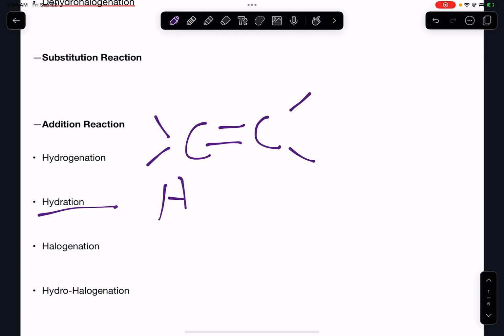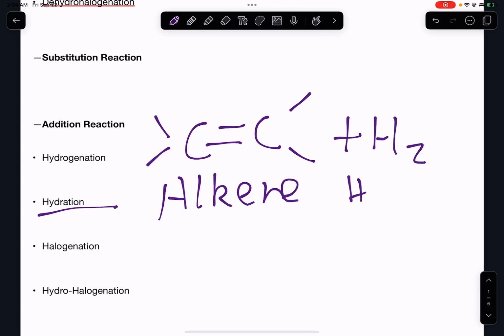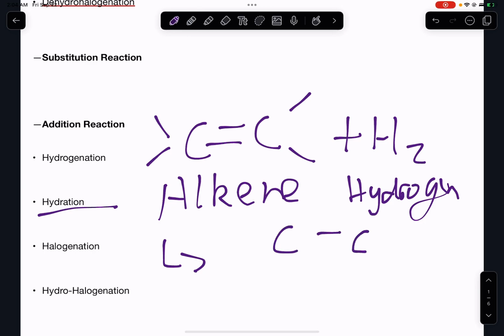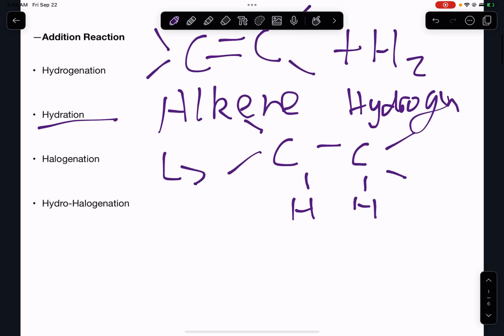This is what we call an alkene. When you have an alkene bound with H2, which is hydrogen, take a guess what we're going to have later. Say it out loud. Exactly, an alkane.